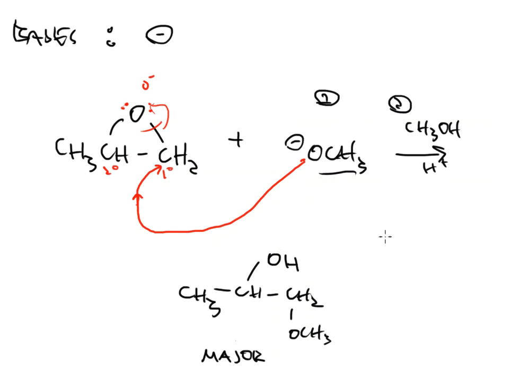Now, we do get the other option. I'm just going to go ahead and draw that product because I want you to understand that both of them exist. So the OCH3 could come in and attach to this one instead. And when it does that, that opens up this bond because that carbon doesn't need that 5th bond anymore.